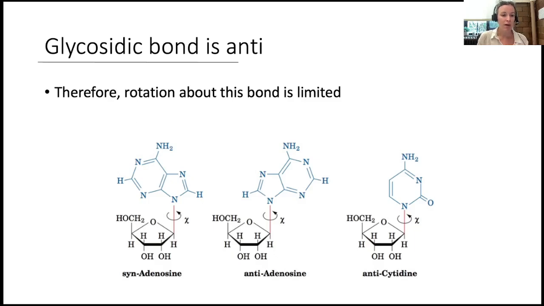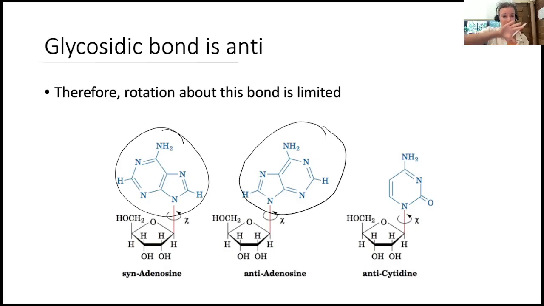The glycosidic bond in nucleic acid is in anti. What does that mean? Well, here you see that the syn glycosidic bond lies right on top of that sugar, whereas in the anti, we've rotated that base, so it's pointing the opposite way from the sugar.